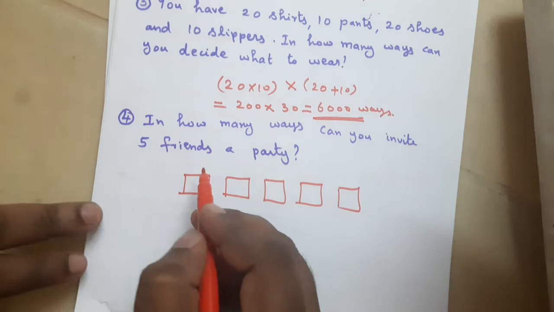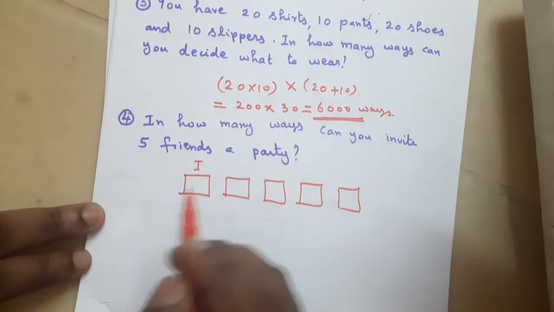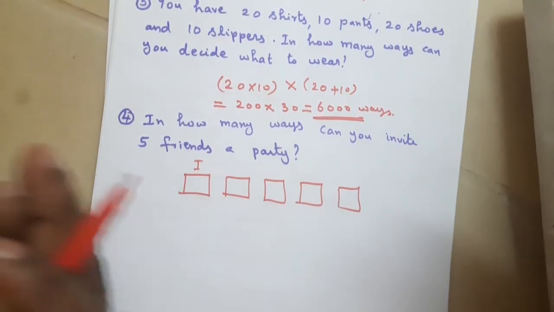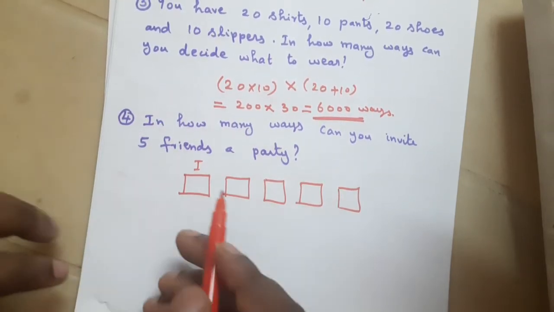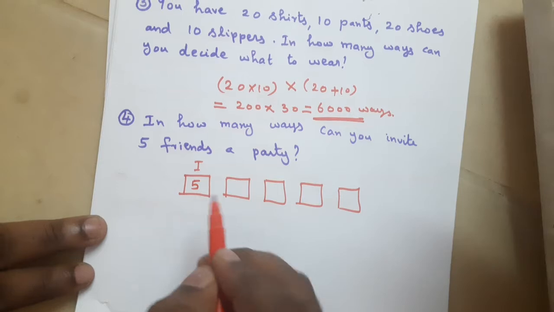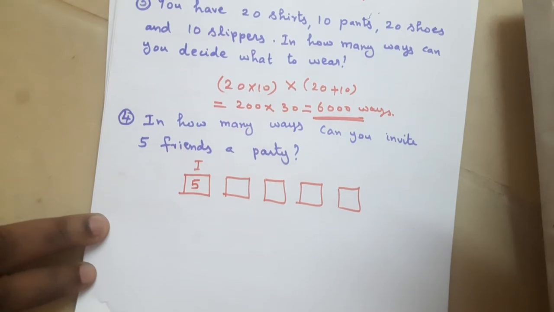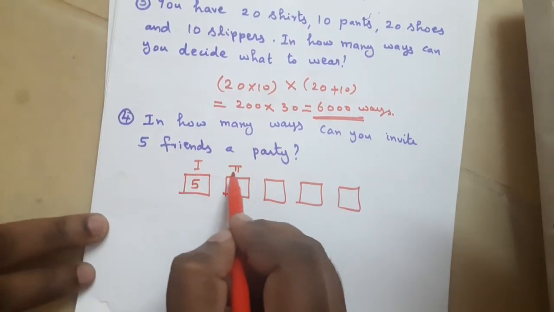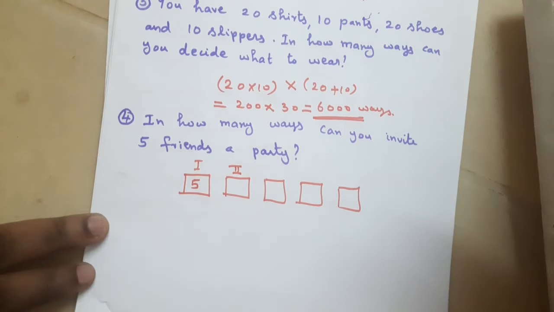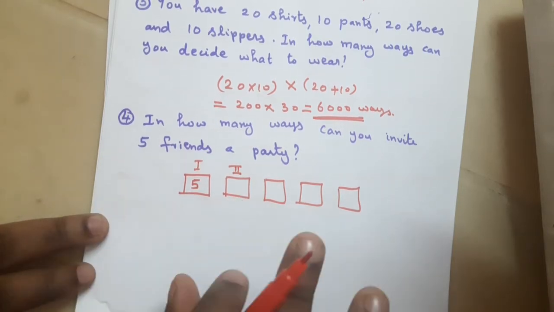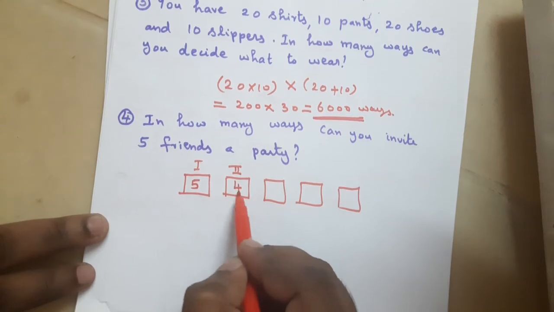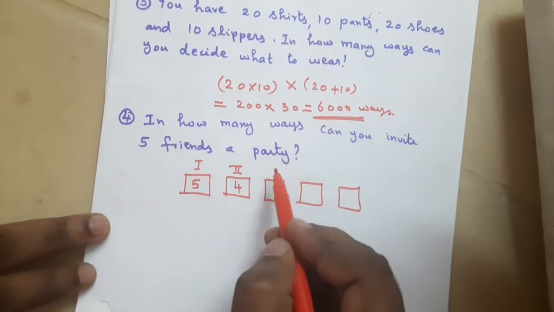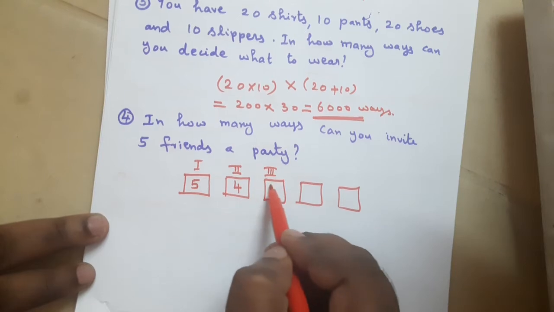In first, we can invite any one of the 5 friends. So in the first position there are 5 possible ways. In the second position, one we have already invited, so the remaining is 4 friends only. So in the second position only 4 ways. In third, 3.